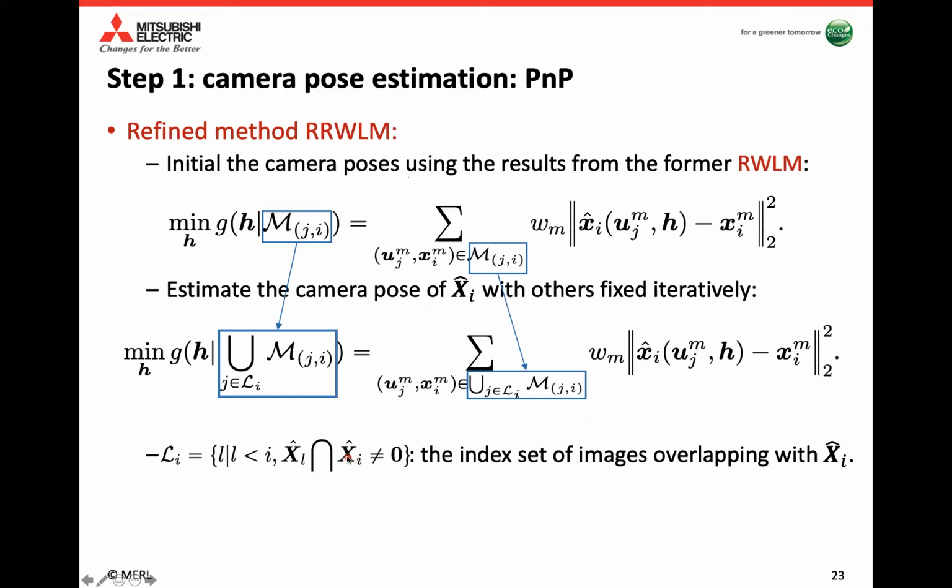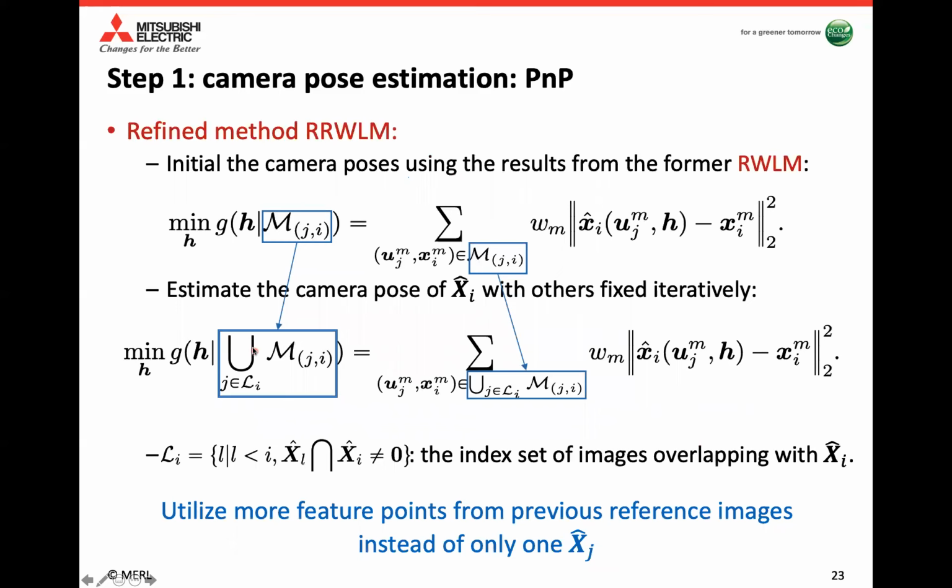So we use all the feature points between the image xi and the set Li instead of only one reference image xj. So we take advantage of more feature points.